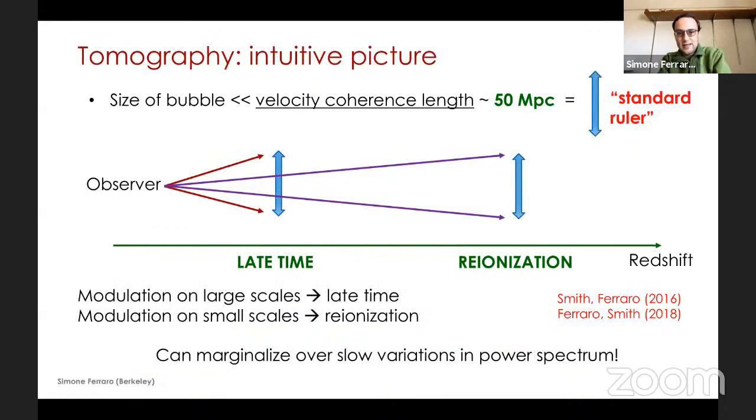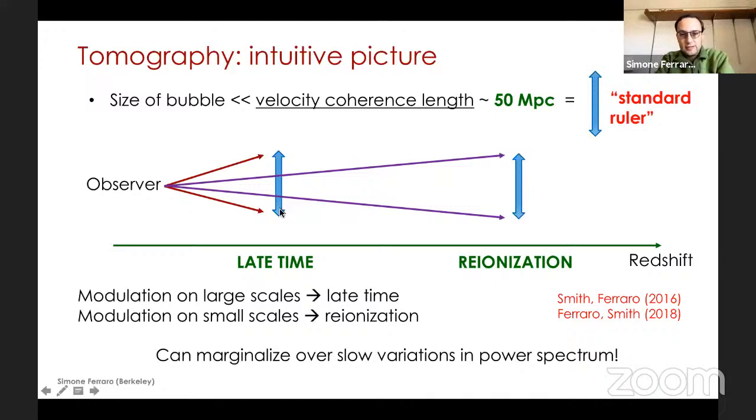And the answer is yes, and that's simply because now we can use the velocity covariance length, which is about 50 megaparsec, as a standard ruler. Okay, so if you're seeing modulation by the velocity field at reionization, you put the ruler very far away from you at about 10 gigaparsec distance, right? You see this ruler that subtends a small angular scale.